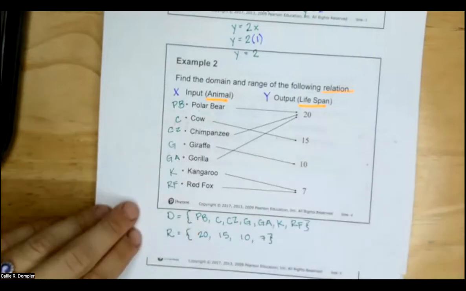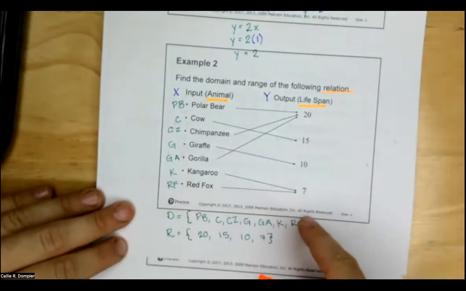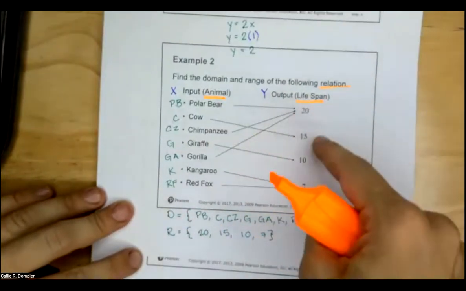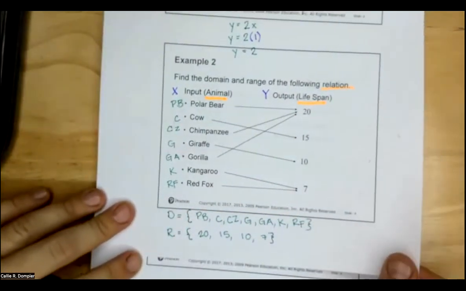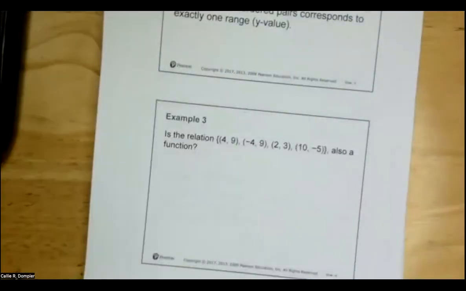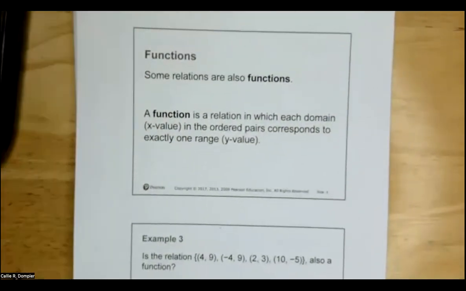So it is an actual relationship that's easy to understand. Domain is all of these, range is their age. Their age at the end of life. All right, so those are relations. They are not functions. Some relations are functions.